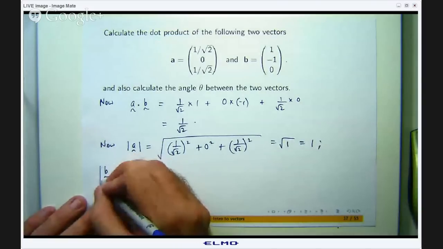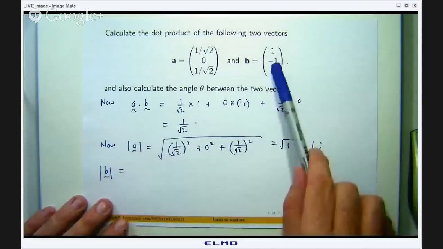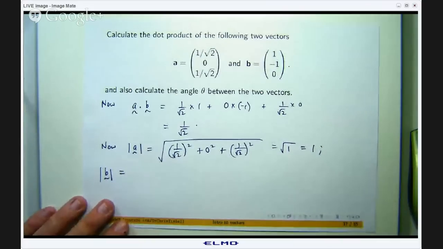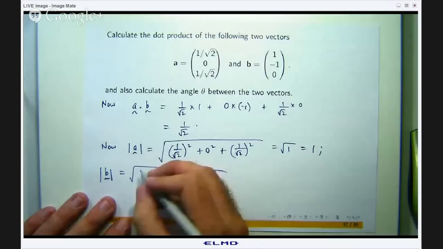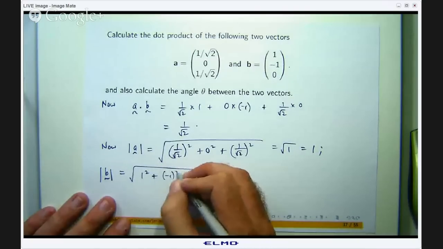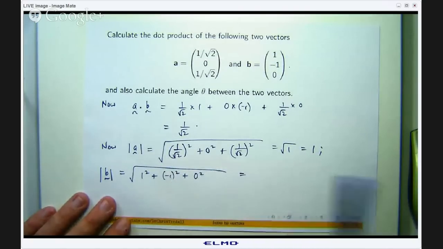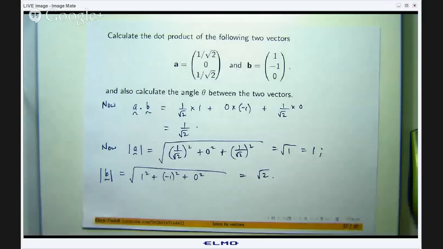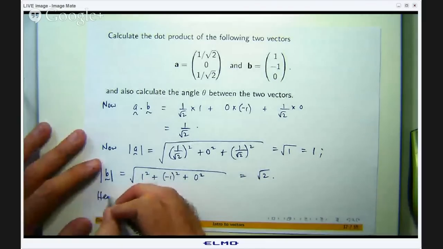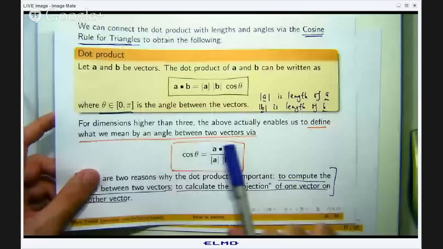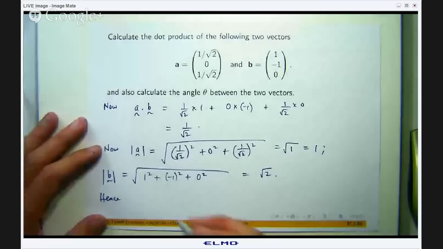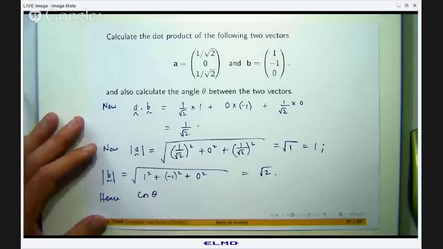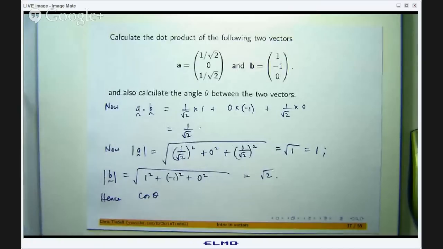Let's compute the length or the magnitude of B, same thing. Square all of the components, add them together and take the square root. So that's going to be 1 plus 0 plus 1, which is 2, take the square root. So we can now apply this formula here to calculate the cosine of the angle, from which we'll be able to compute the angle theta.